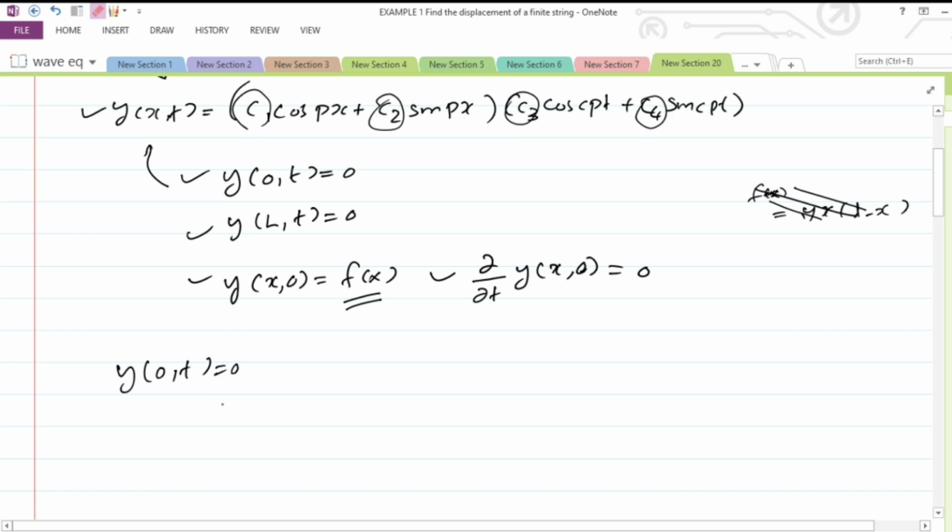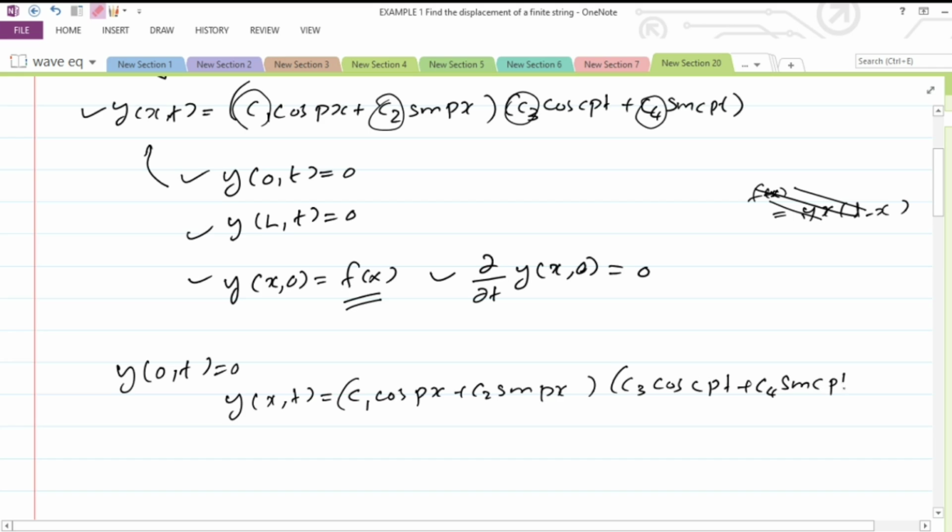What we get is y of x,t equals (c1 cos px plus c2 sin px) into (c3 cos cpt plus c4 sin cpt). So we substitute x equals 0.